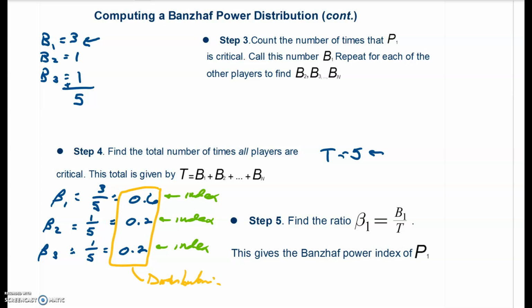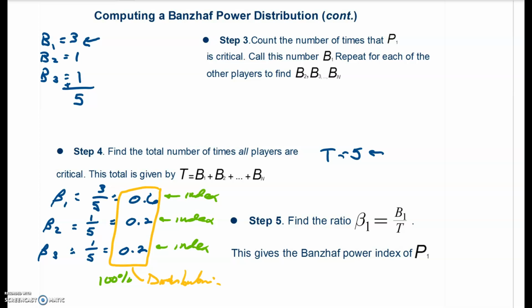So let's talk about this distribution. A couple things that you might notice. If I sum all of these indices, notice that they add to 1, or 100% of the Banzhaf power is represented here.